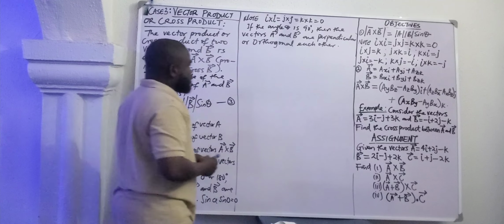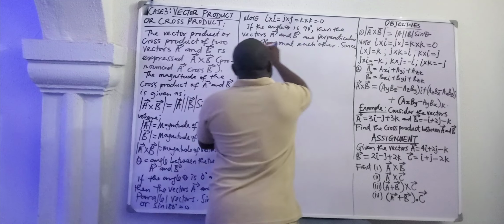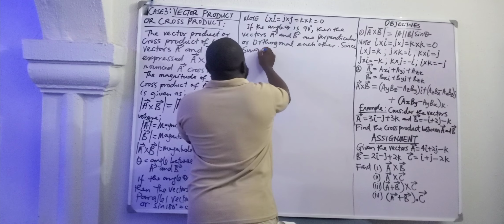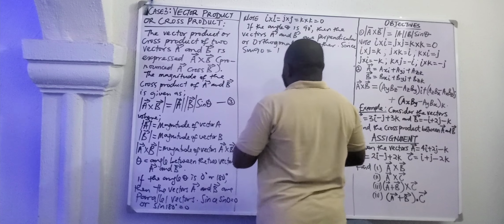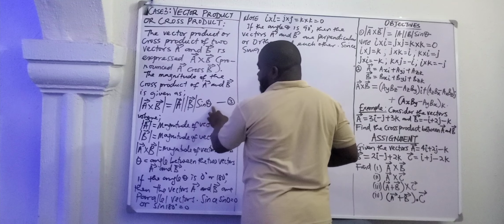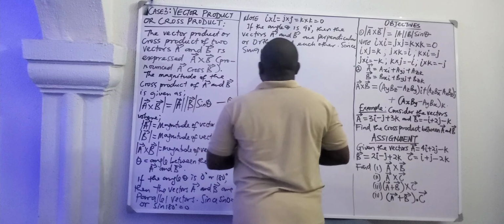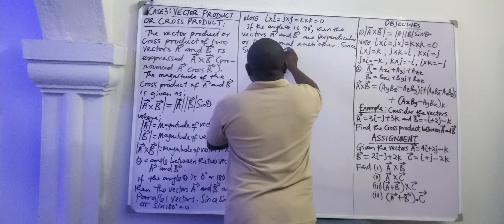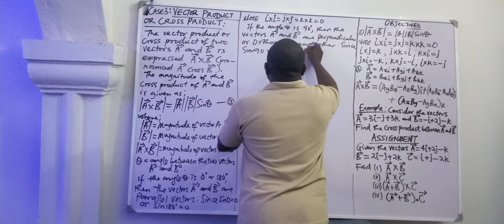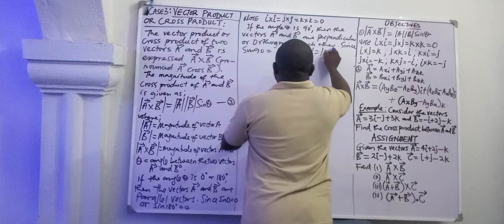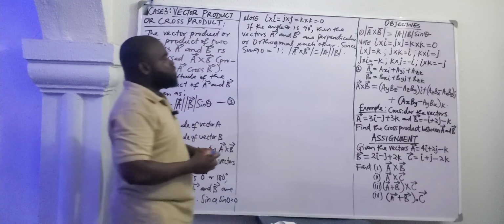What does that mean? Because sin 90 is 1. If you put sin 90 here, sin 90 is 1. What you have is that A cross B is equal to what? AB. So we are having that the magnitude of A cross B is equal to the magnitude of A, magnitude of B. This gives you a maximum value.